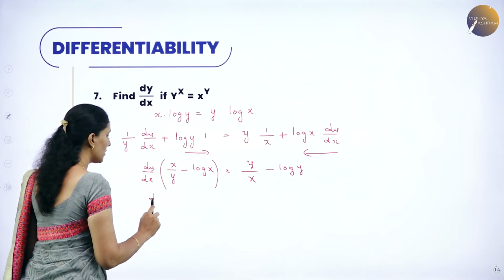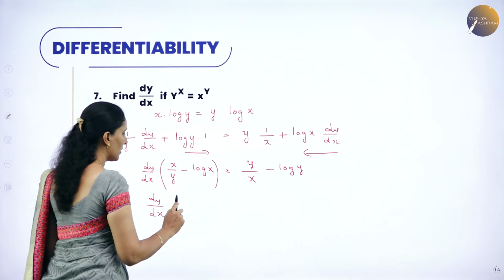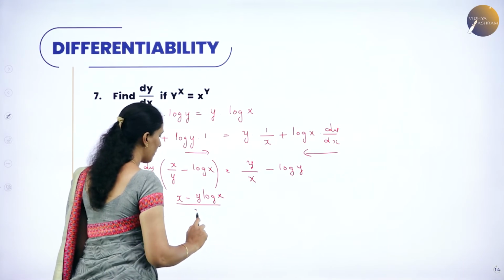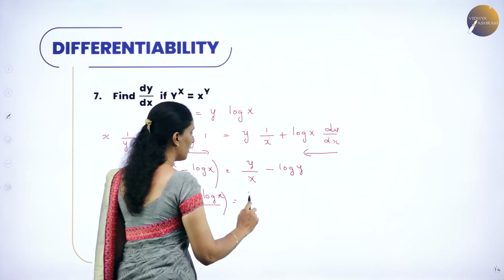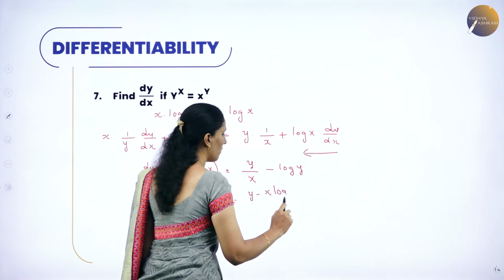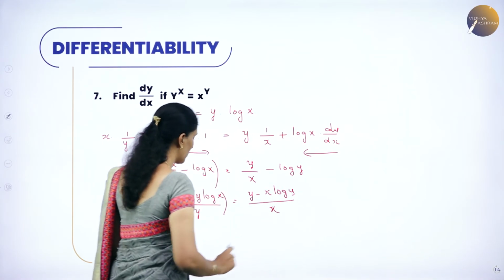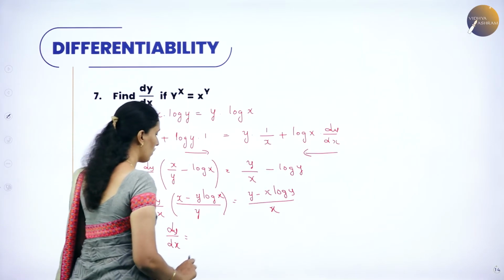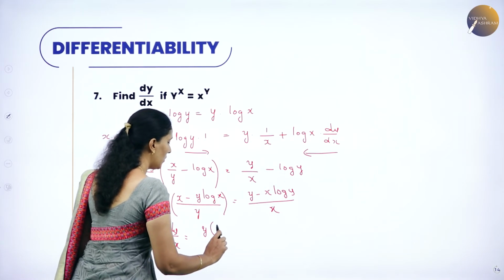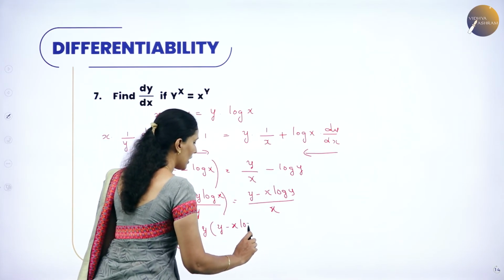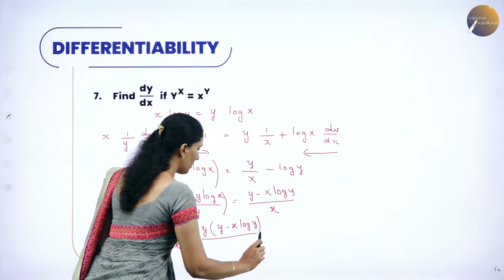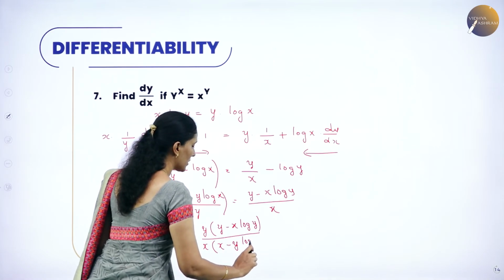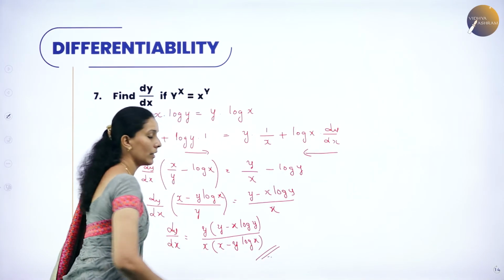So when you solve it, dy by dx times x minus y log x divided by y, and here y minus x log y divided by x. So rearrange it, dy by dx is equal to y into y minus x log y divided by x into x minus y log x. So this is the derivative.